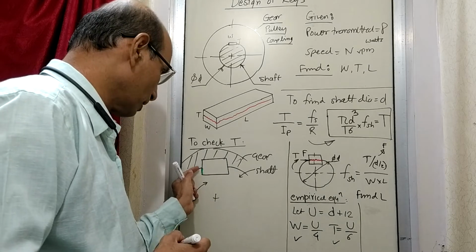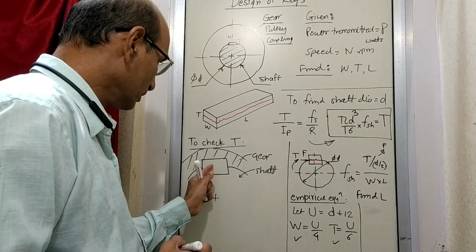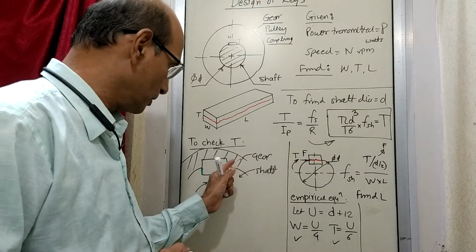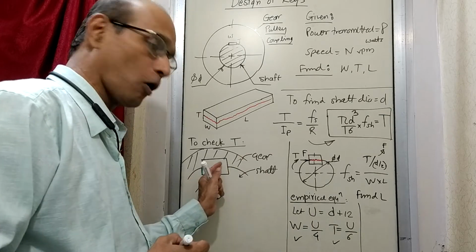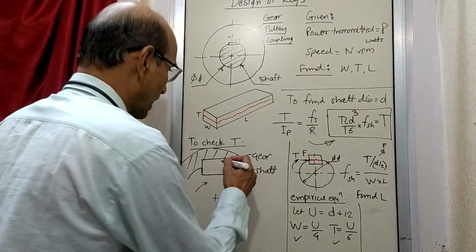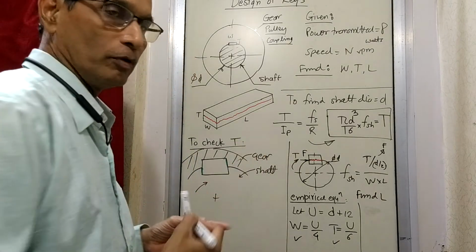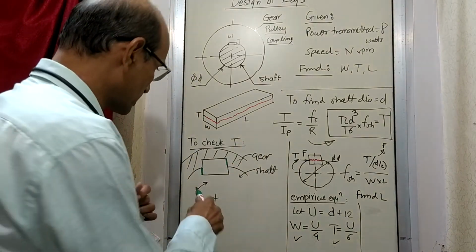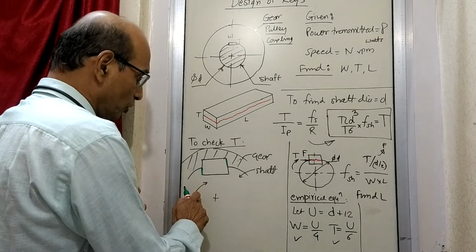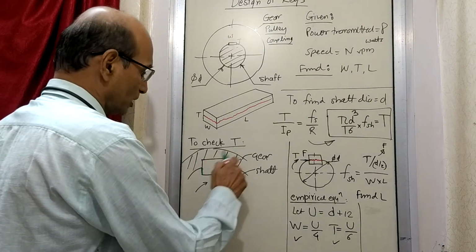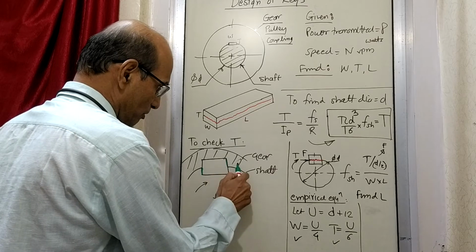This load is taken by this part, and then this key is used for pushing this force forward on the gear. That is happening at this place. Only this much. So the force is transferred from the shaft through the key to the gear this way.